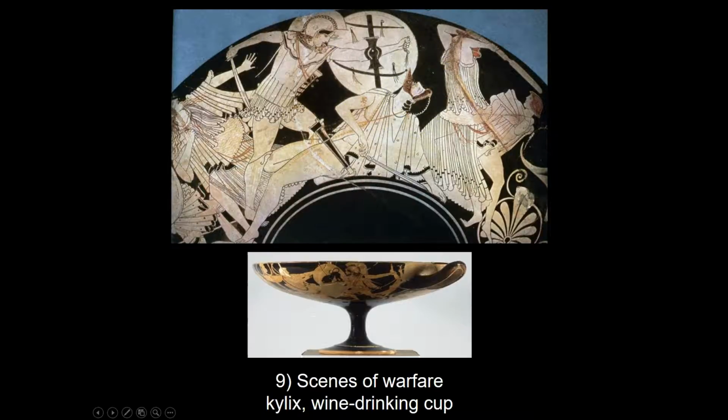Do you see what this Greek warrior has in his left hand? Yes, he's actually grabbed onto the braided part of his opponent's beard and just ripped it off of his face. So, number 9, more scenes of warfare in the Greek world, and this from a wine drinking cup.